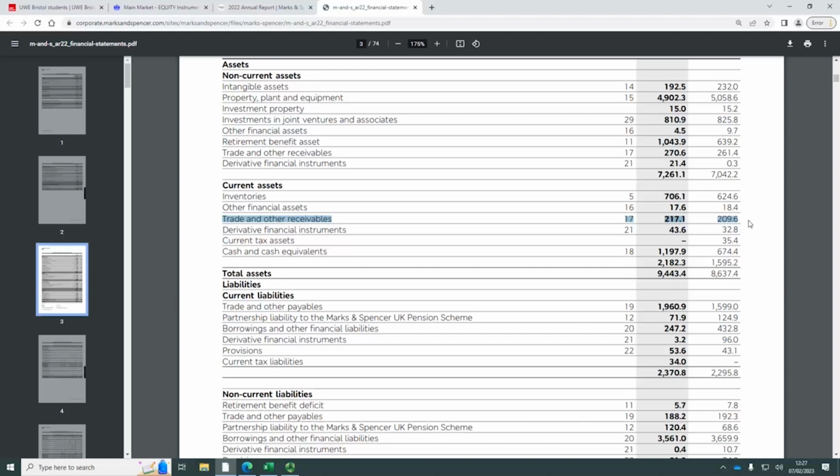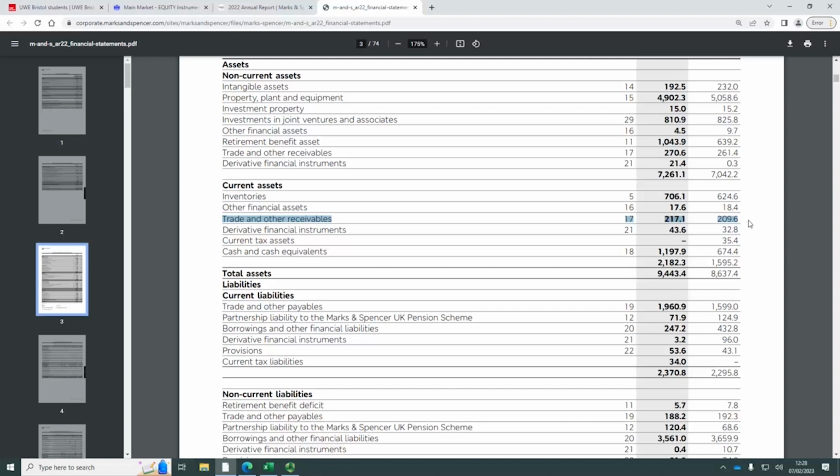This is the data, and these are the figures for trade and other receivables. Trade receivables are our customers who buy from us on credit, and other receivables are people who may have to pay us for some other reason. For example, the bank owes us some interest on the money we have in the bank. That is our other interest receivable. So there are other receivables, but the formula requires only trade receivables.